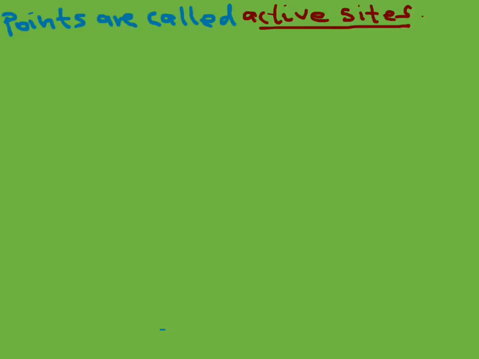This is the site where reactions occur. This is the site that will normally accept a substrate. This is the site that will normally have a structure that is similar to that of the substrate, that will be able to accommodate the substrate.